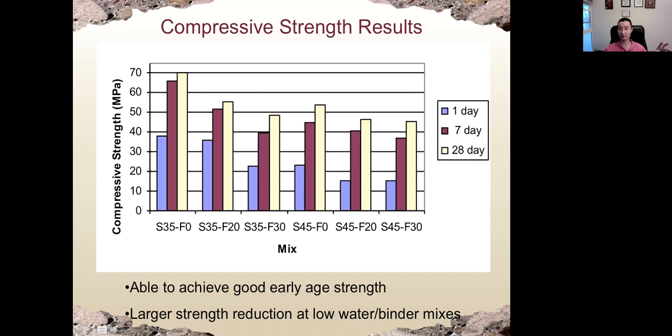The reason is that fly ash is a pozzolanic material, and the pozzolanic reaction is slower. Same thing for the 0.45 water cement ratio.